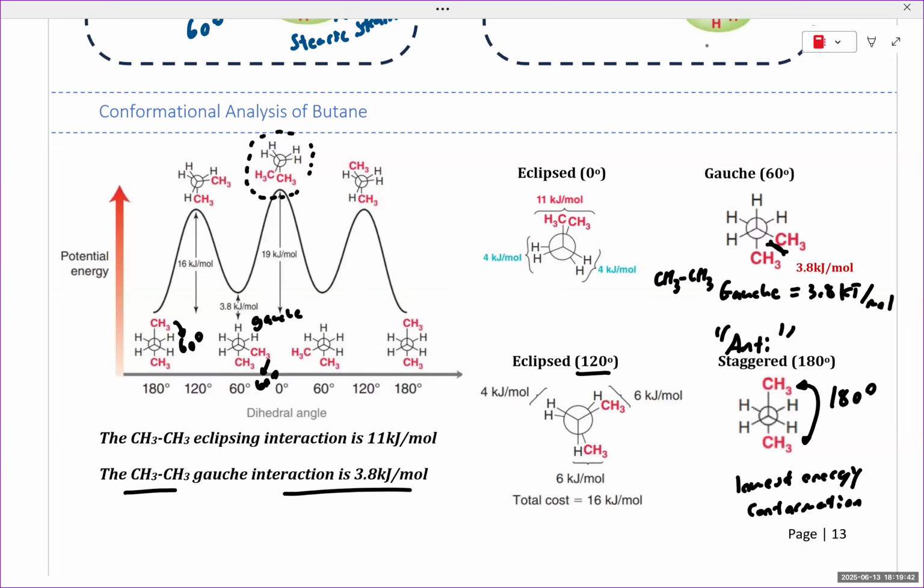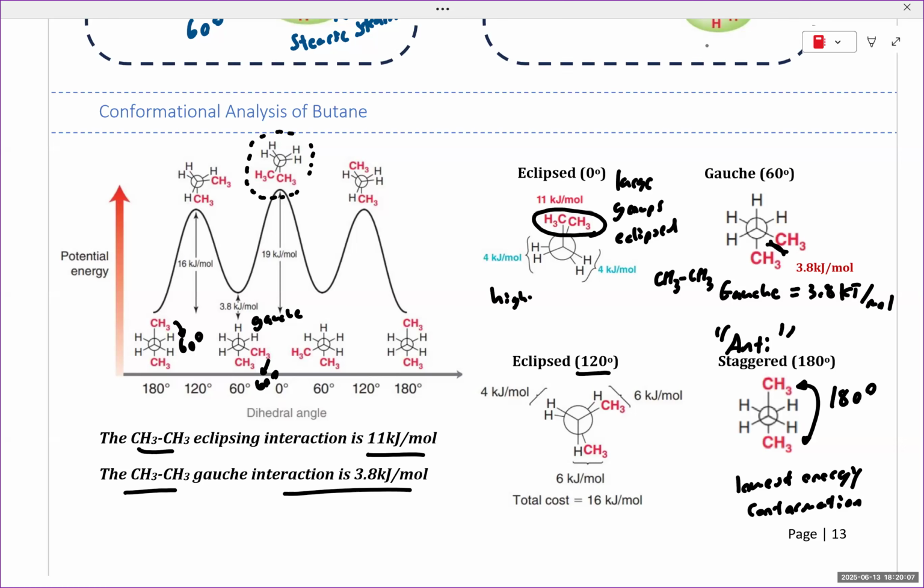In which case, the highest energy eclipsed interaction occurs when you have the largest substituents eclipsed. In this case, you have this methyl-methyl eclipsing interaction, which costs a large 11 kilojoules per mole.